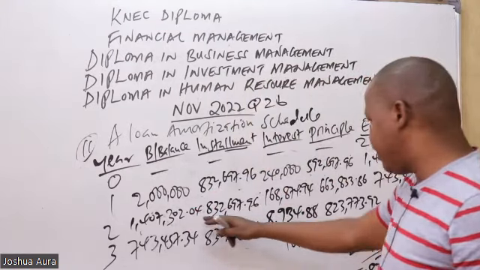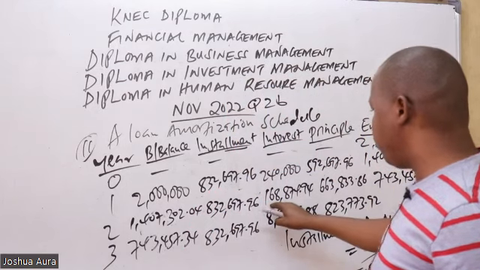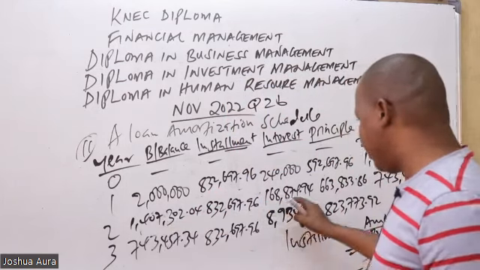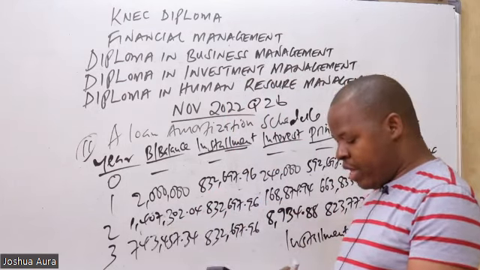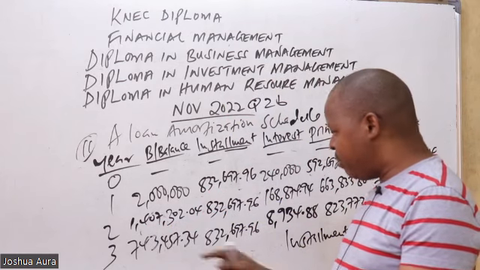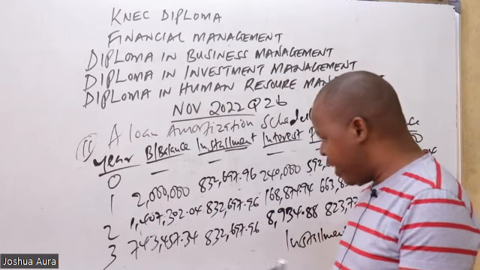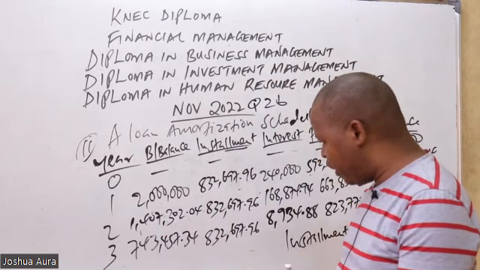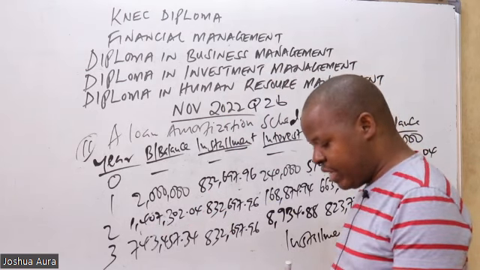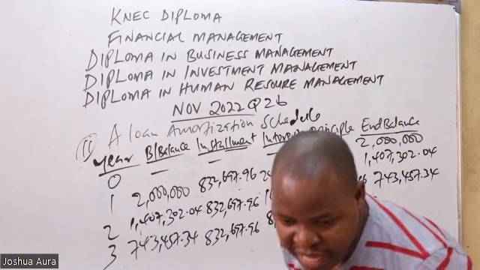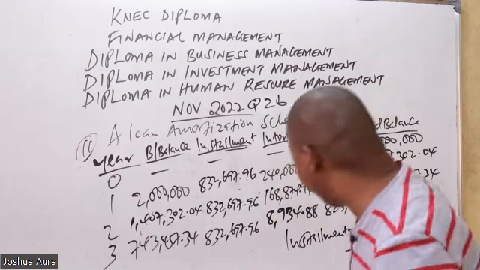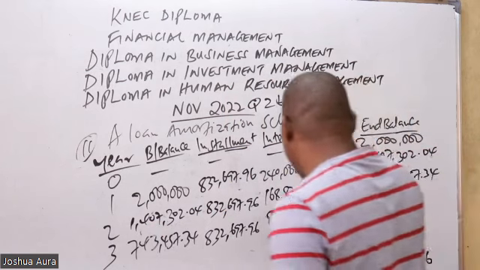Now let us finish. The interest will be based on the beginning balance. So let's do the interest, which will be 12% times 1,407,302.04. What are we getting as our interest? 168,876.